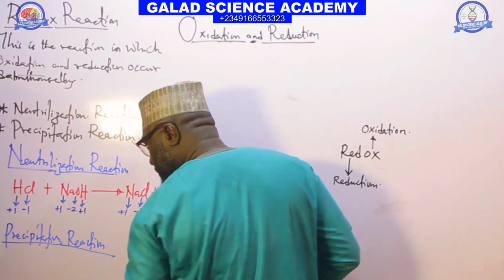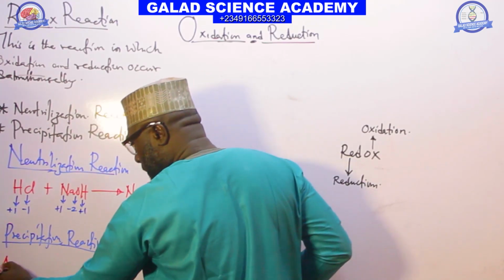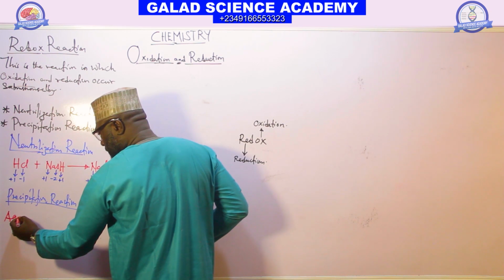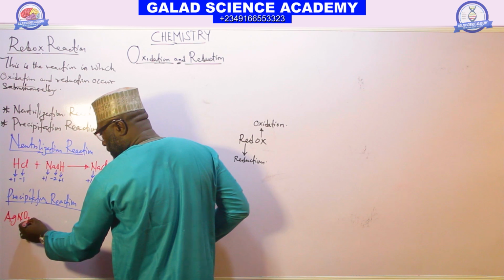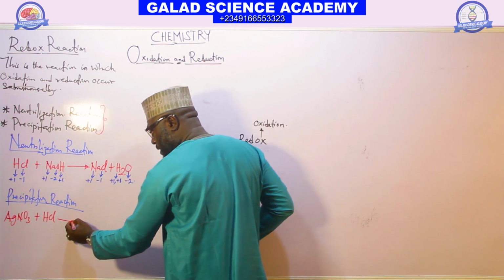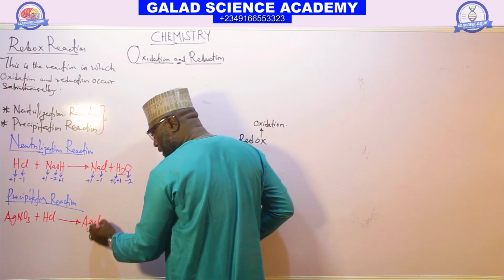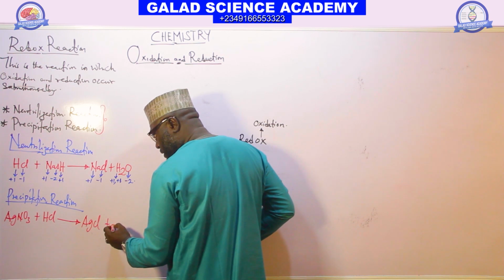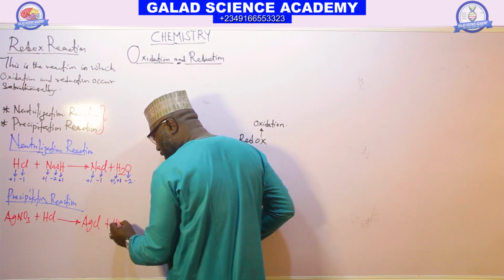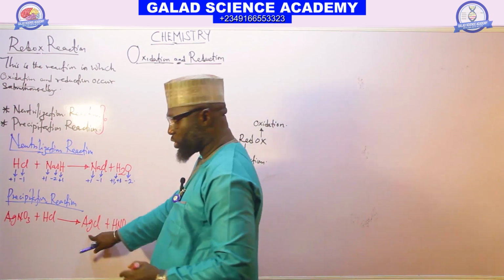Let's look at AgNO3 plus HCl. Here it will give us AgCl plus HNO3. This one will give us the precipitate of silver chloride.